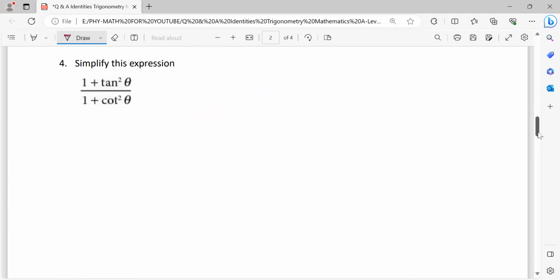Next, simplify this expression. Just simplify.